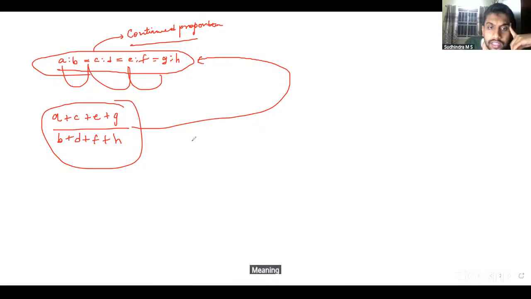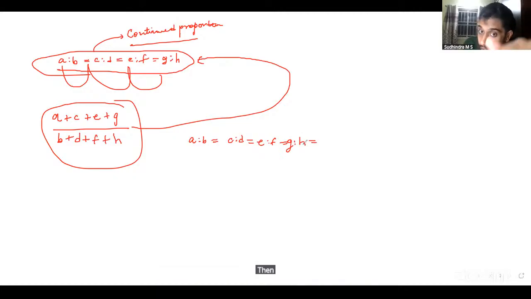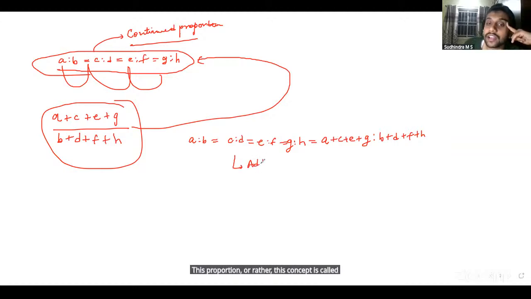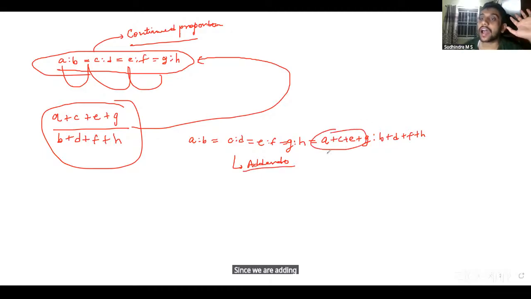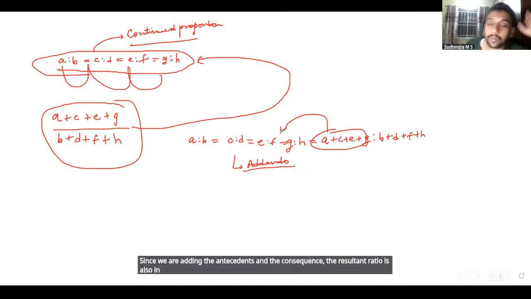Meaning A is to B is equal to C is to D is equal to E is to F is equal to G is to H are in proportion. Then all these ratios are in proportion with A plus C plus E plus G is to B plus D plus F plus H. This property is called addendo. Since we are adding the antecedents and adding the consequents, the resultant ratio is also in the same proportion. Understood?